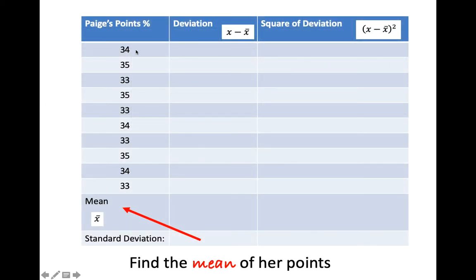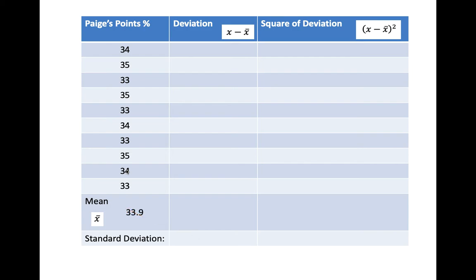The first thing you did was take all of her data that she had for Paige and write it in this column. And I asked you to figure out what the mean of all these data points actually was. We find a mean by adding all the numbers up and then dividing by the total number of numbers. And we end up with a value of 33.9.